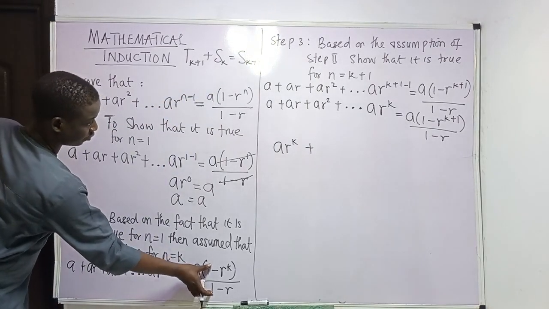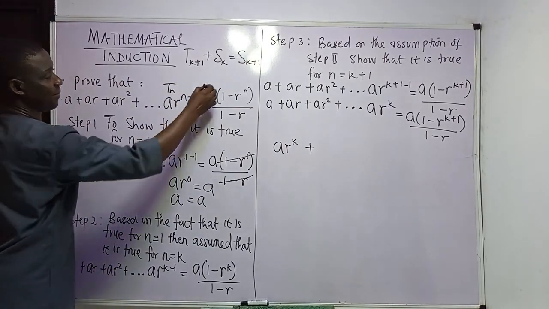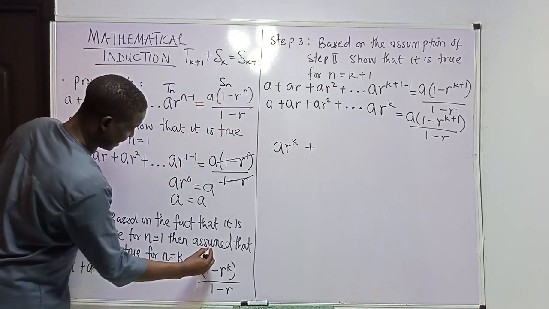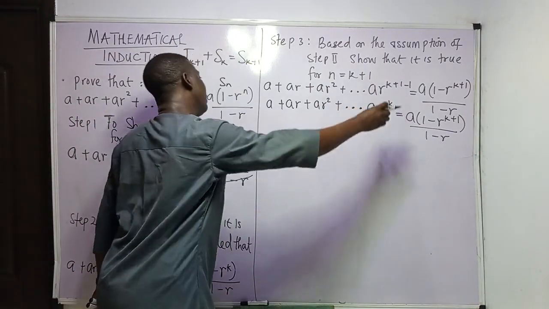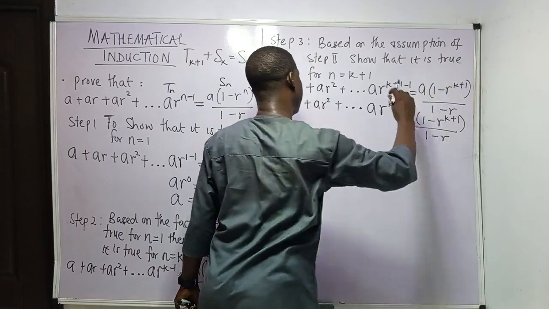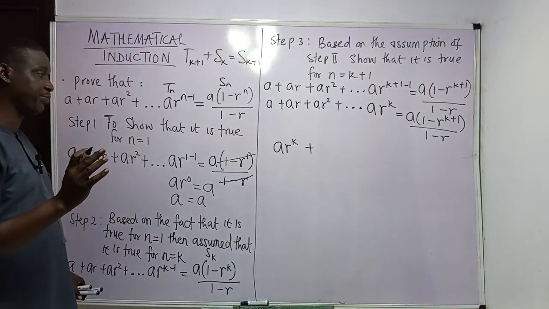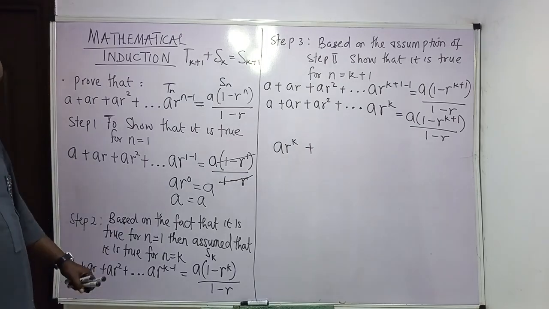This is s(k). Don't forget this is s(n), this is t(n). So we take this one plus this one. If it gives us this, it means it is mathematically proved.